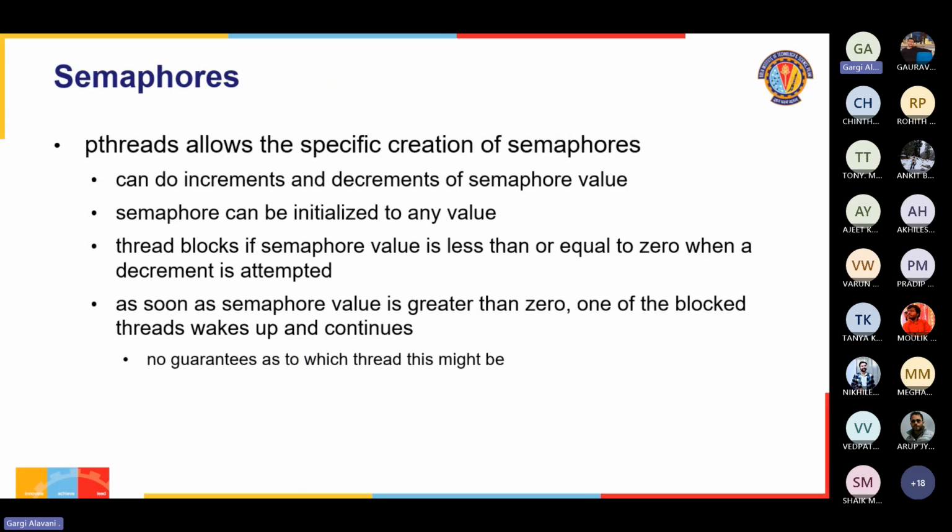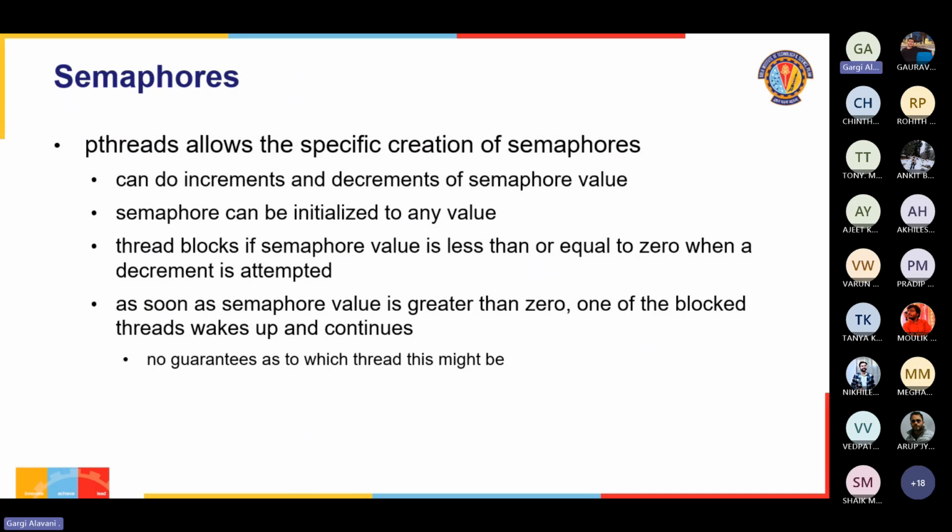We can take a semaphore, initialize it to any value, and the thread will get blocked if the semaphore value is less than or equal to 0 when someone is trying to decrement it. And as soon as the value becomes greater than 0, one of the blocked threads will wake up and continue.